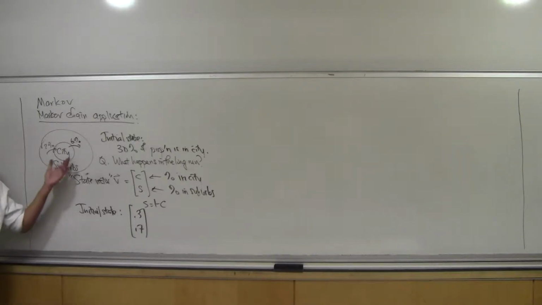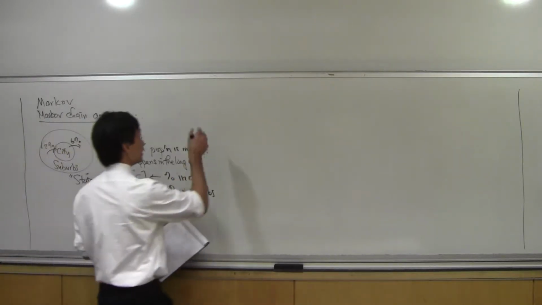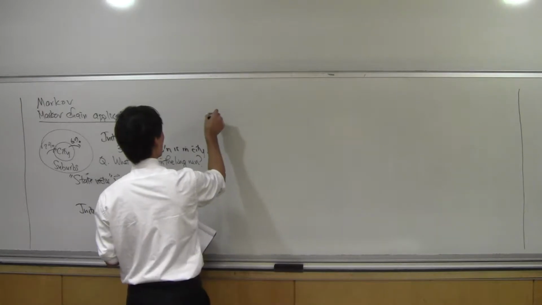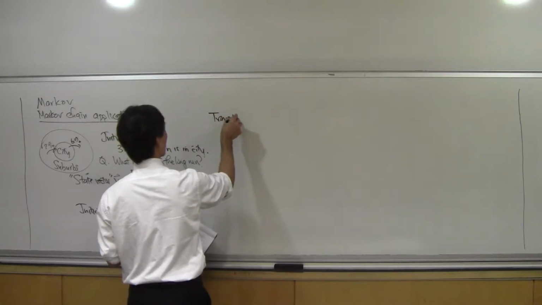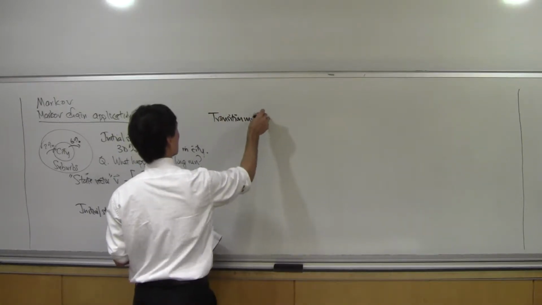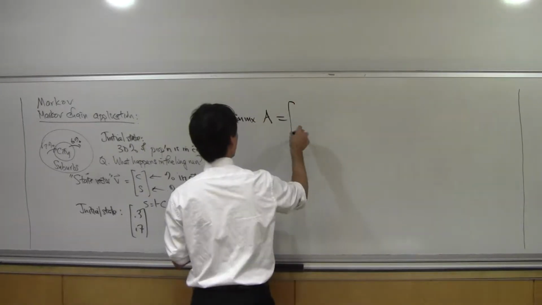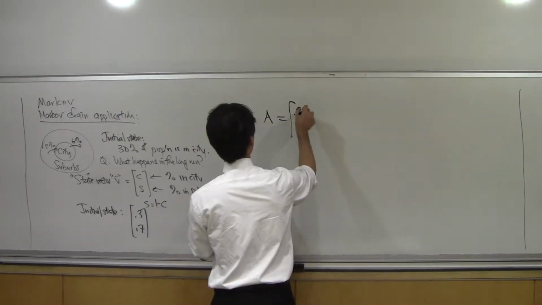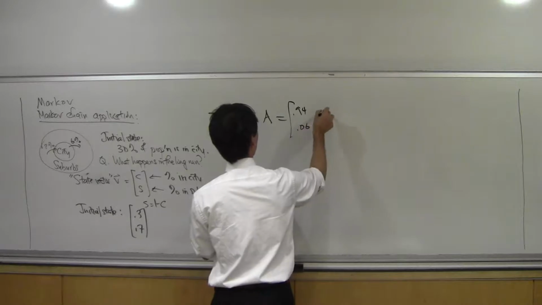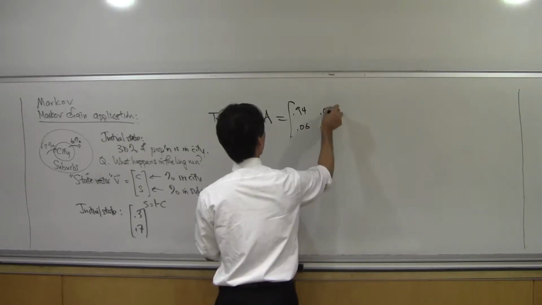And so we want some way of describing what happens every year. In this system, every year there's this migration that goes on, so we create what's called a transition matrix. The transition matrix is going to look like this: 0.94, 0.06, 0.02, 0.98.